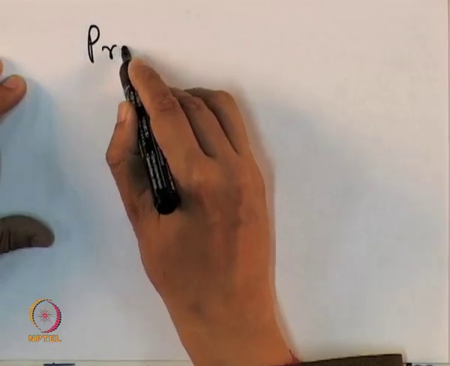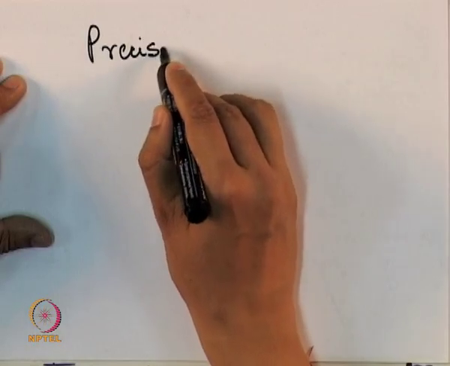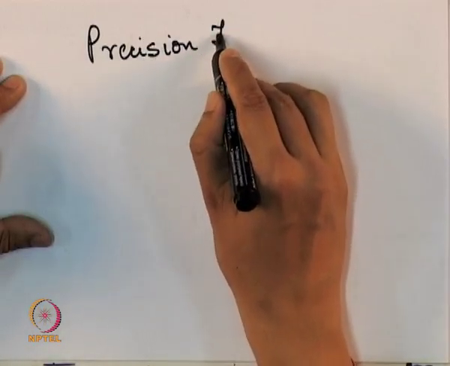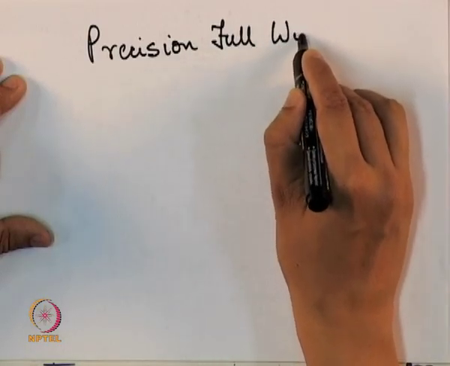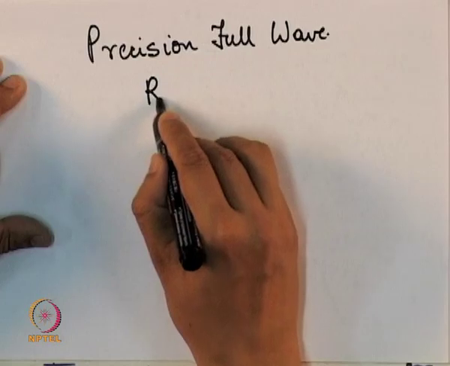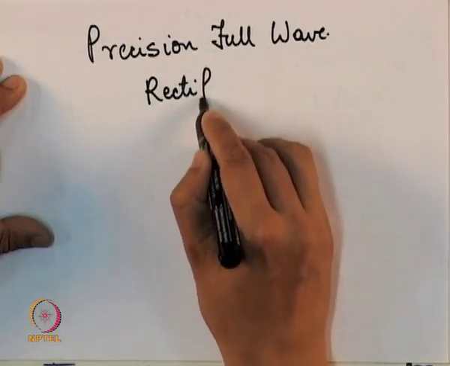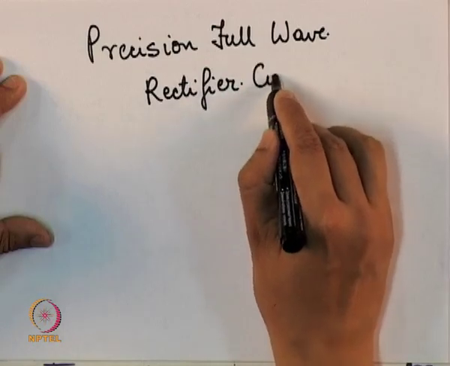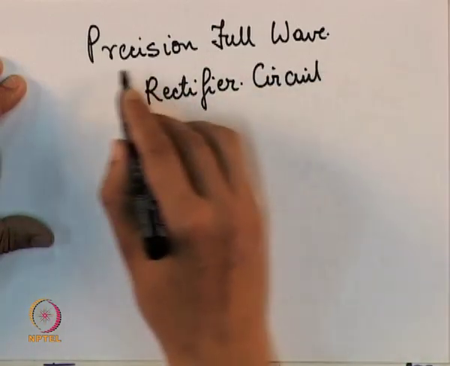So, if we go back to our circuit of a full wave rectifier using both these super diode circuits that we have just discussed, we can call that a precision full wave rectifier circuit.